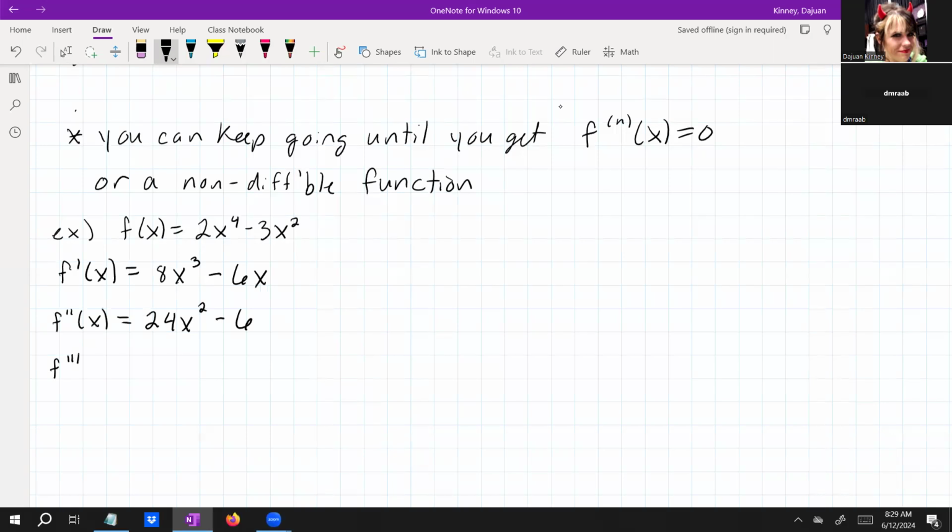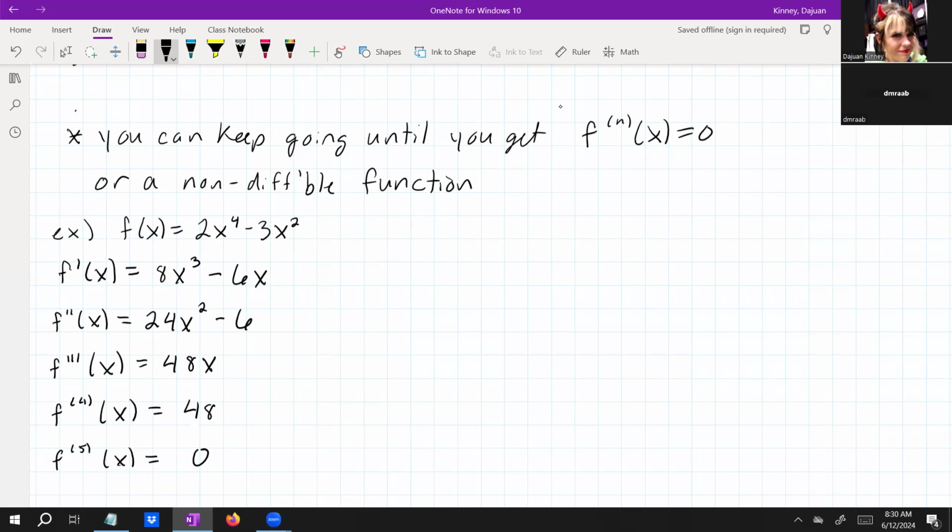F triple prime, I get 48x. 6 drops off because the derivative of a constant is 0. F to the fourth derivative gives me 48. And f fifth derivative is just 0.